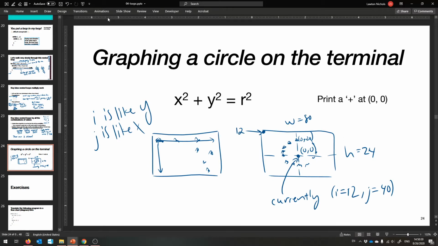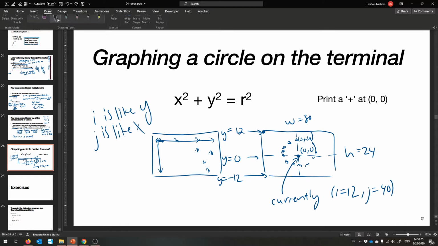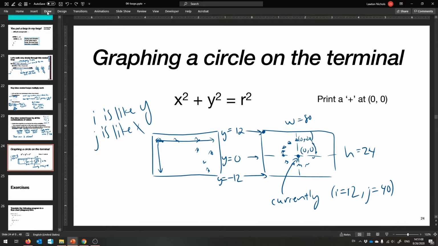Let's have it be 12. Why not? We can just extend if we needed to. So y should be 12 up here, and it should be negative 12 down here. And that'll allow it to be 0 in the middle. Do you see that? So this is what we want. And if this is the starting value, that means y needs to start at 12 and end at negative 12. Okay? And really we need to pick one that needs to be 11 because it's not exactly 24 things. But we'll keep it like this.